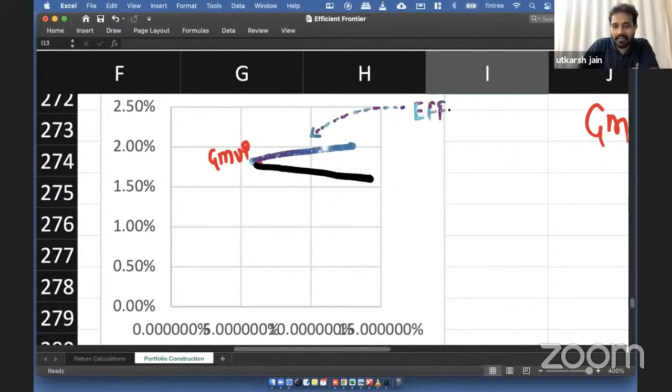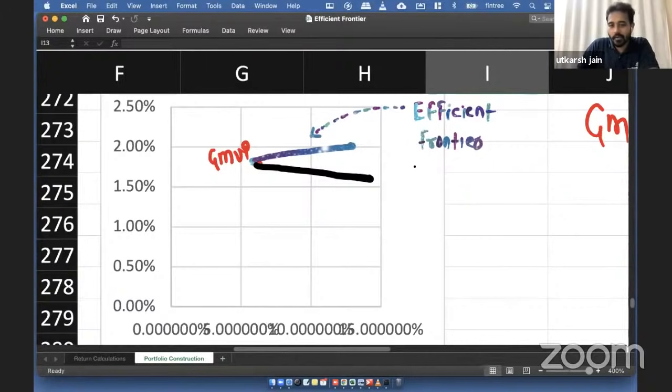The name kind of tells you that this is the efficient part of the portfolio, right? Efficient frontier. So obviously, as a rule of thumb, when a client comes to you, you never advise him to invest on the black part of the portfolio. You want to always advise him to invest on this glittery blue part of the portfolio, right? So this is your efficient frontier.